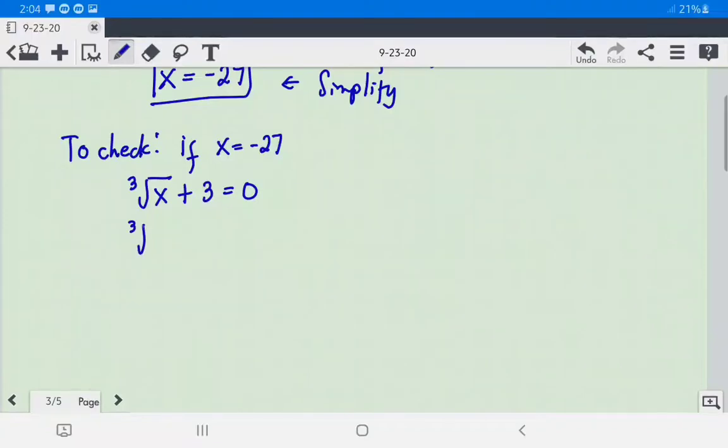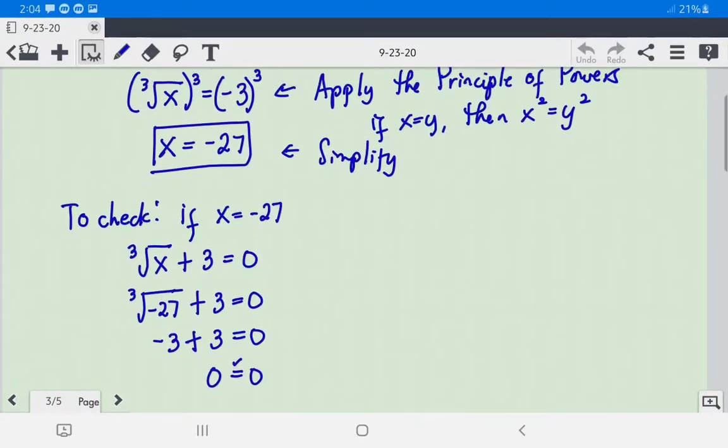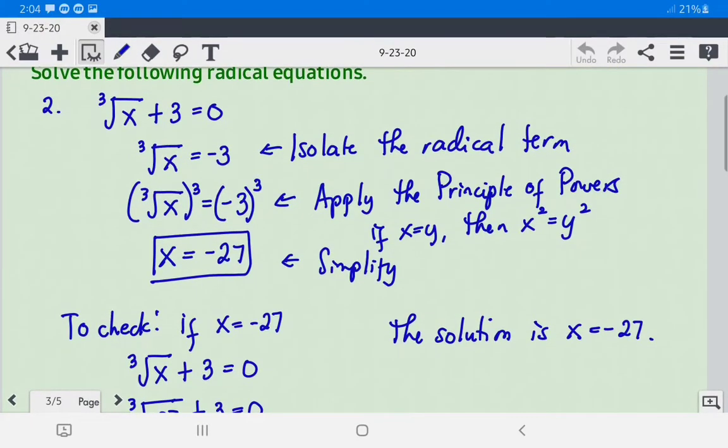We have the cube root of negative 27 plus 3 equals 0. Cube root of negative 27 is negative 3. Then plus 3 equals 0. Negative 3 plus 3, we have 0 equals 0. So we have a true statement. Therefore, the solution here is negative 27. So that is example number 2.